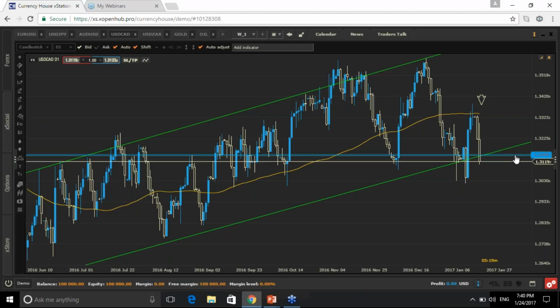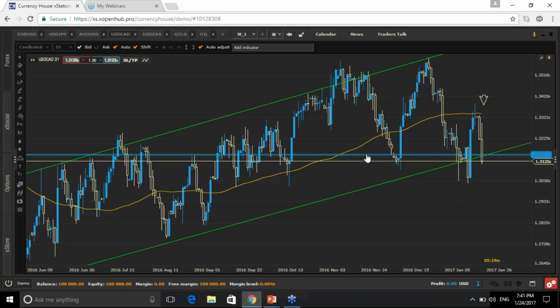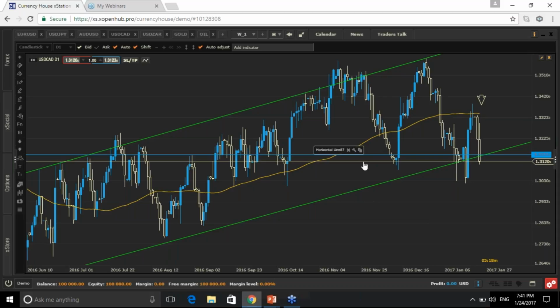Let me be precise. 131.5 is technically very important for USDCAD, and we can see that the action in the last days is definitely trying to break through this level sustainably.